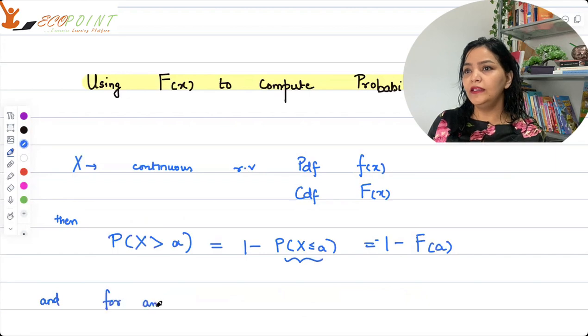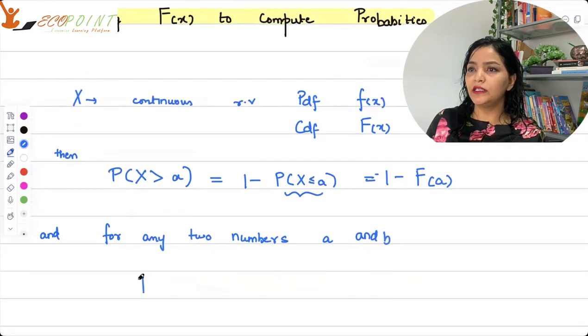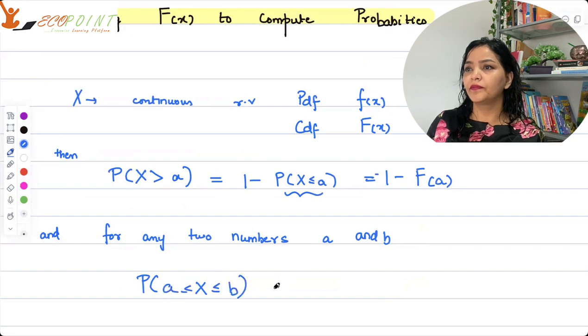for any two numbers A and B, the probability X is between A and B. How do you calculate it?